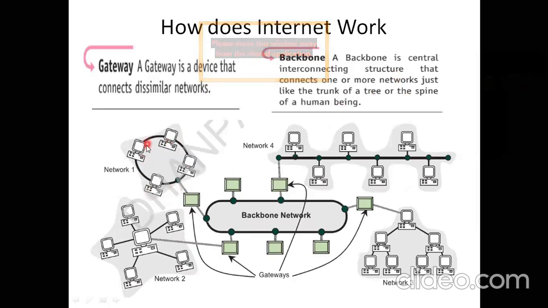Suppose this is your Airtel and this is your Vodafone. If they want to connect to the internet, because the internet is connecting two dissimilar networks, and this network is different and that network is different, then for connecting them there is a device which is called a gateway. A gateway is a device used to connect two dissimilar networks to form an internet. Repeating it again, a gateway is a device.